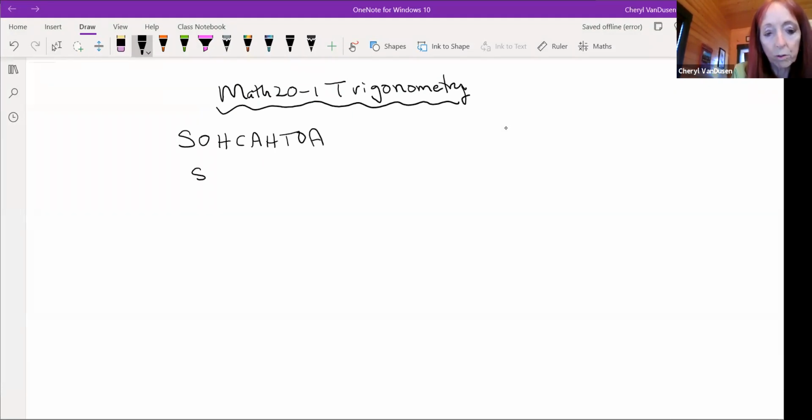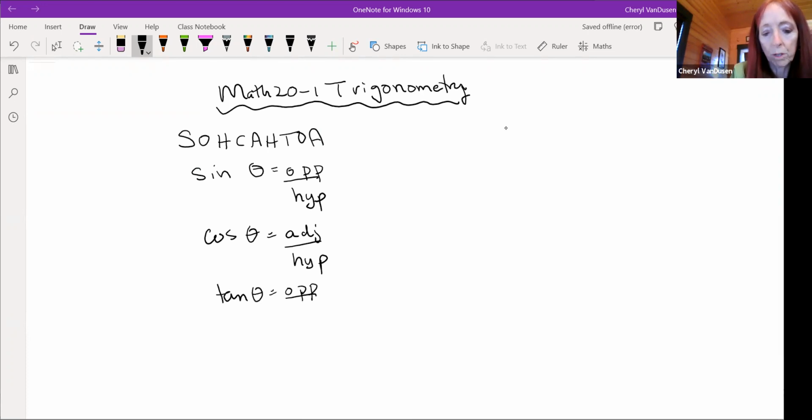And so I will just write this down, and that sine is opposite over hypotenuse. Cosine is adjacent over hypotenuse, and tangent is opposite over adjacent.